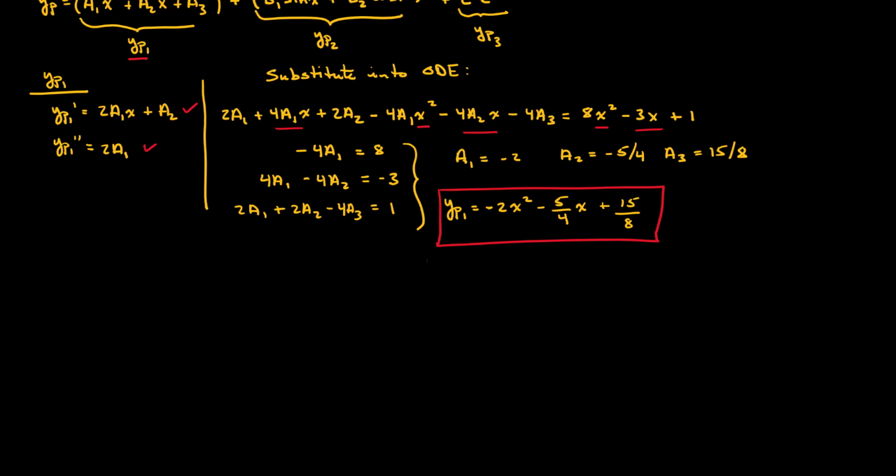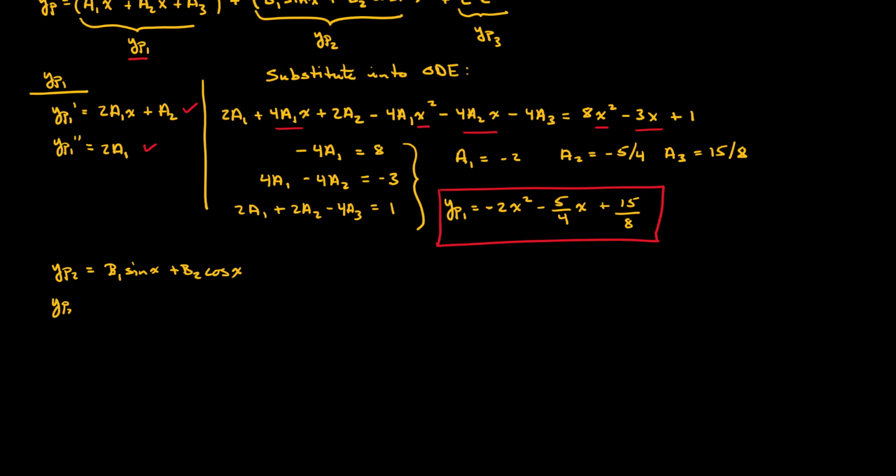So recall we've proposed for yp2 that it is equal to b1 sine of x plus b2 cosine of x. We're going to take its derivatives, substitute into the ODE, and set equal to the right-hand side. The right-hand side for r2 of x is equal to 2 sine of x plus 4 cosine of x.